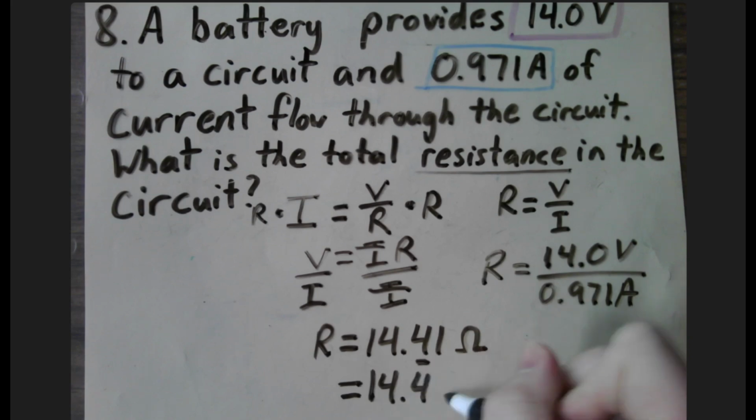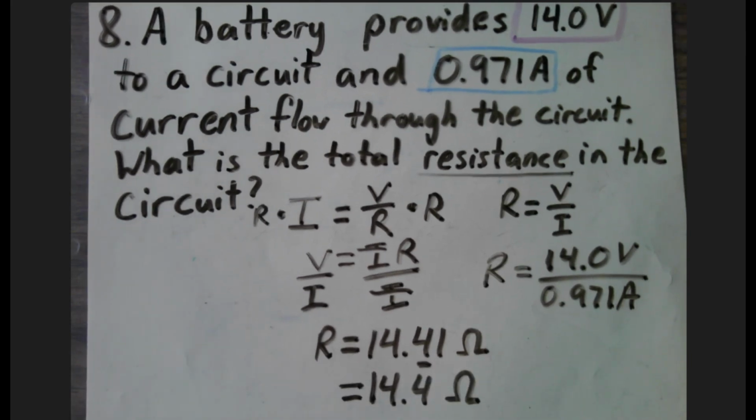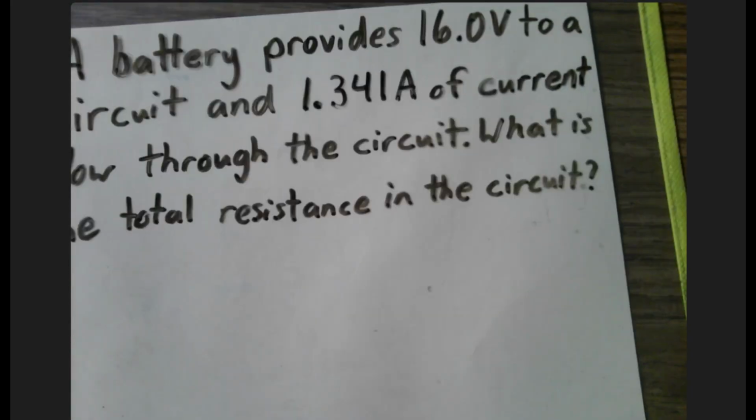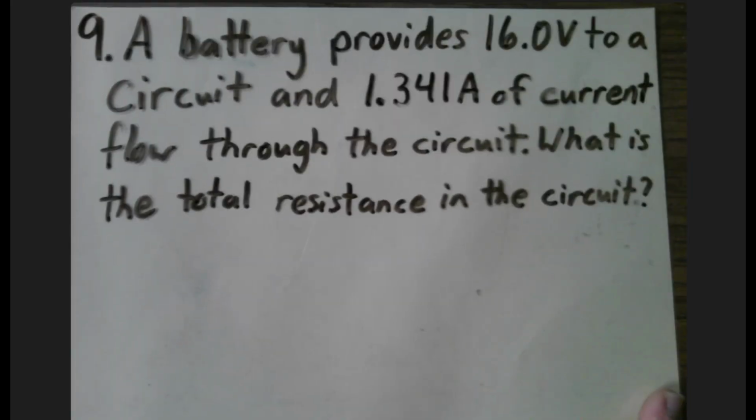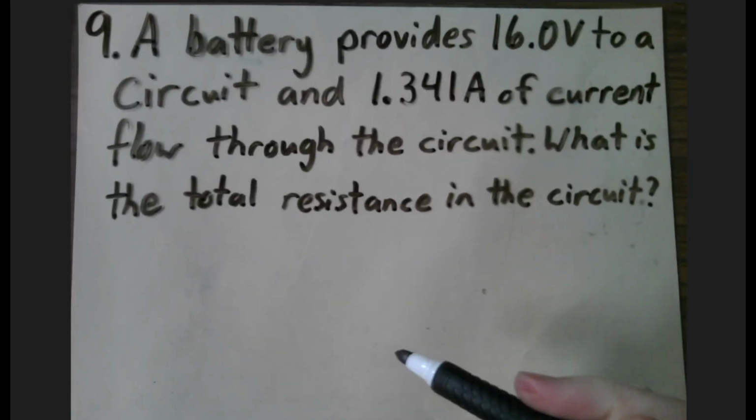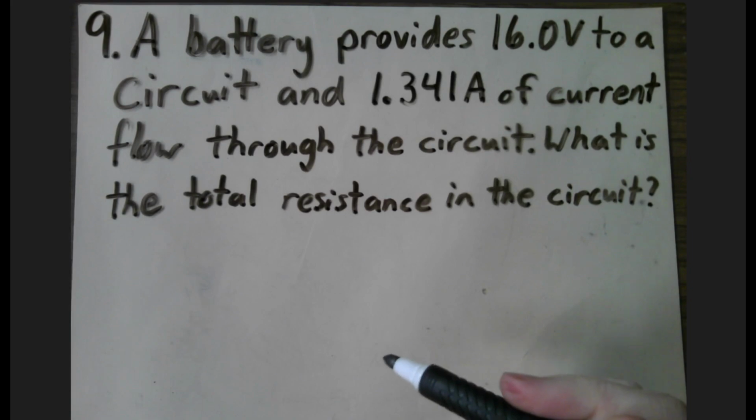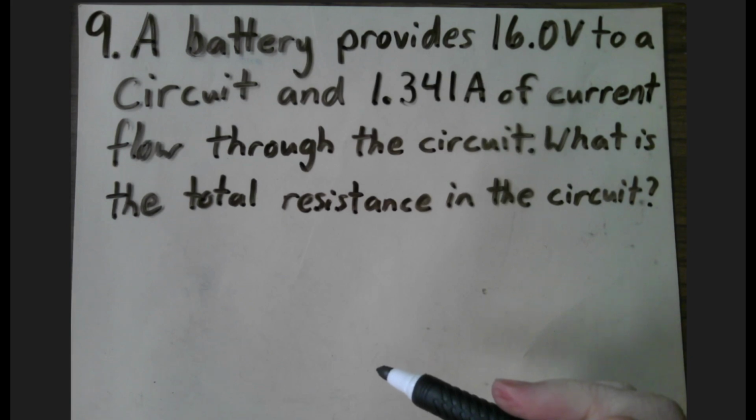14.4 ohms. Now let's do one more of this type. A battery provides 16.0 volts to a circuit and 1.341 amperes of current flow through the circuit.